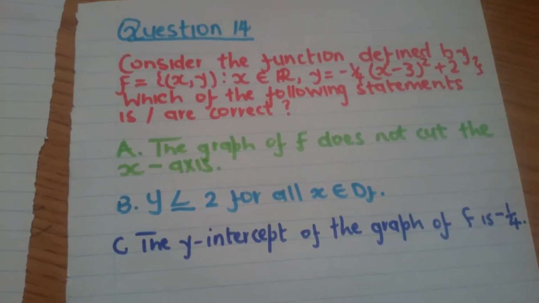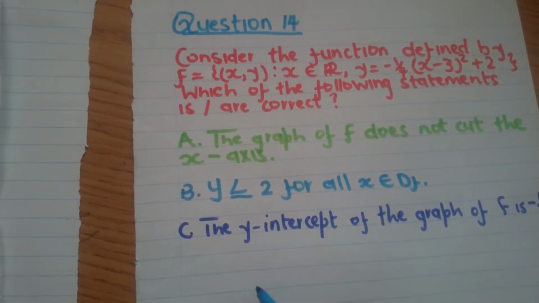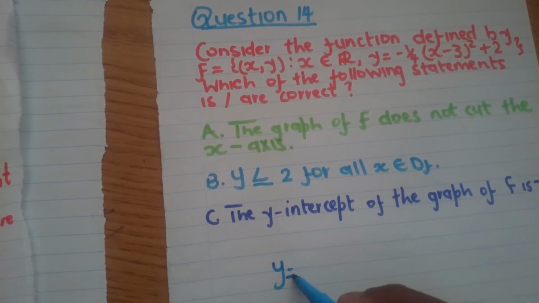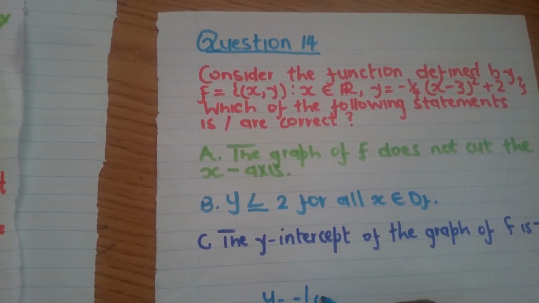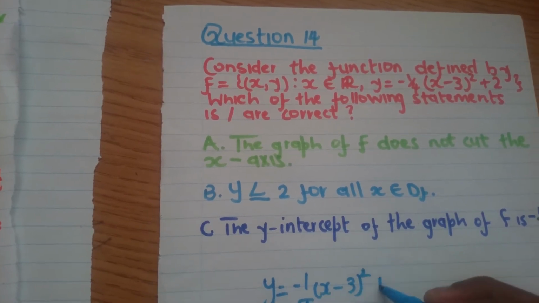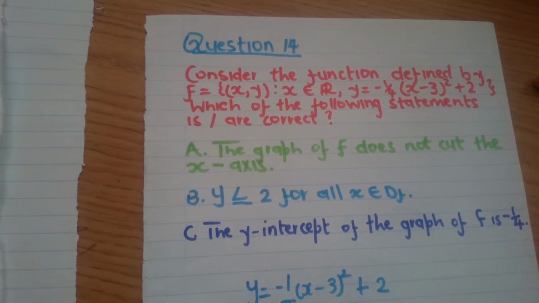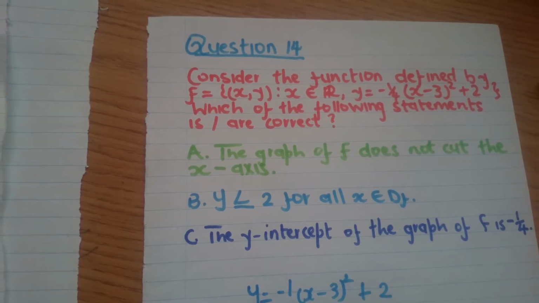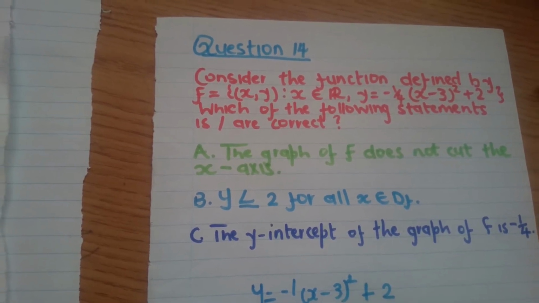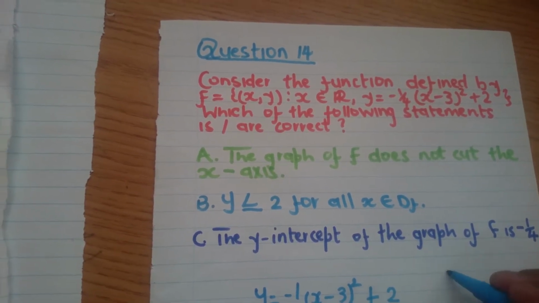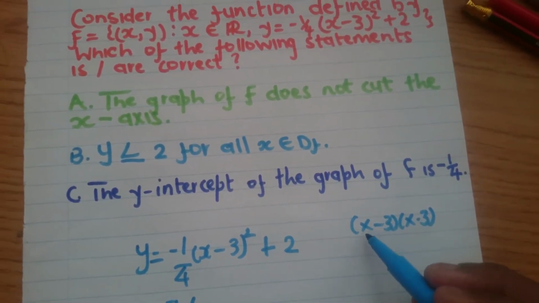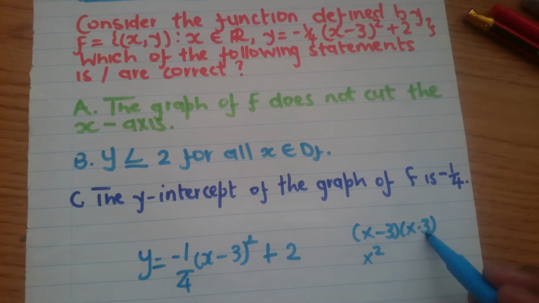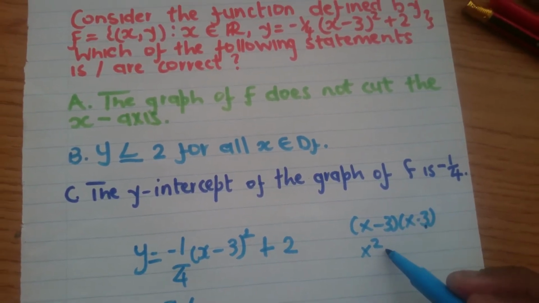So I'm going to take my equation given there: y equals -1/4 (x minus 3) squared plus 2. I'm going to expand this. If I expand (x minus 3) times (x minus 3), it's x squared, then x times -3 is -3x, -3 times x is -3x, and -3 times -3 is +9.